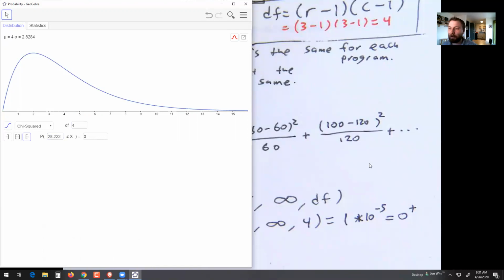I don't see anything on my curve because this is so large that it's like way, way out there. So this is what's causing me to have this really small p-value. GeoGebra just calls this thing 0. It's not technically 0, it's a little bit bigger. It's this 0.00001 number, but it's still really, really small.